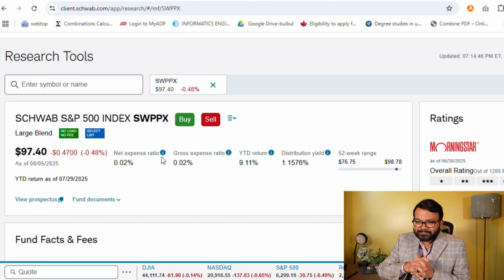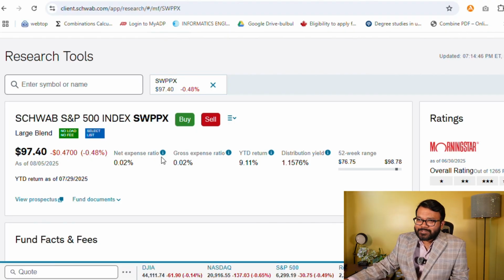So a lower net expense ratio can mean higher returns over time. If the net expense ratio is lower, that means you're going to have higher return every year. But if an expense ratio is higher, that means you're going to have lower return each year. You're going to pay more to the bank or financial institution, because this is the fee that you need to pay them as part of their operating expenses.